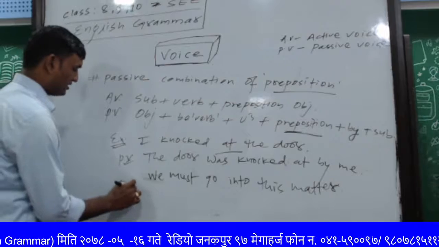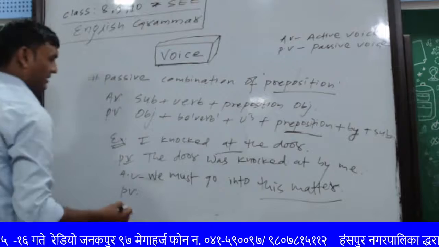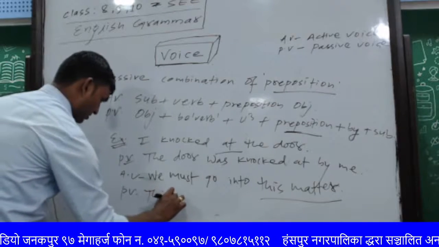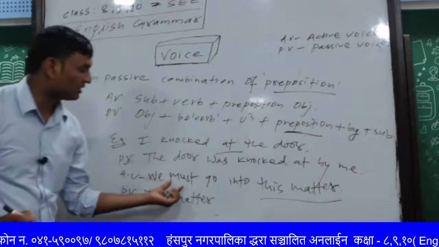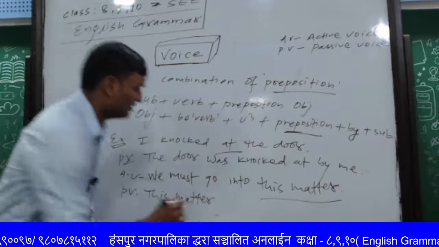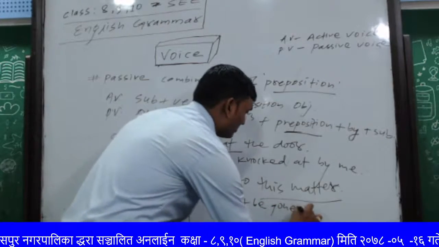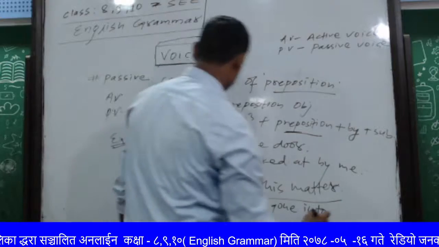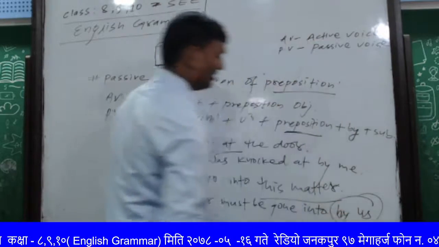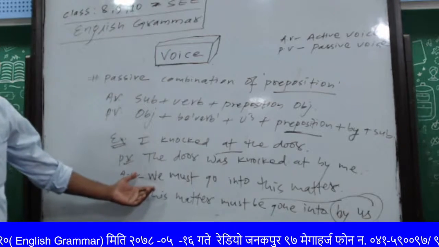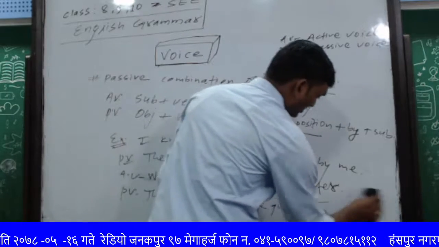It means the passive voice of this sentence. This one is active. This matter is the object here. So this matter, and must go means auxiliary plus V1. So: this matter must be gone into by us. But we is the subject, so by plus us is not written; it is only up to into.